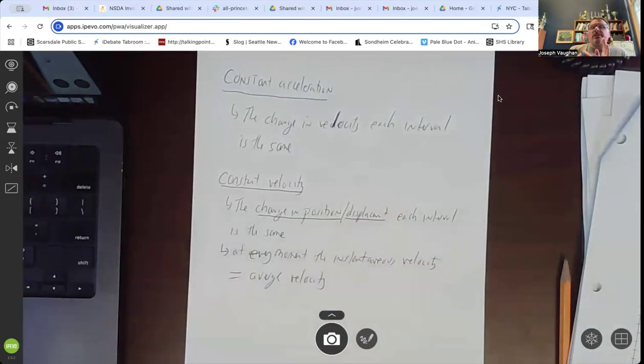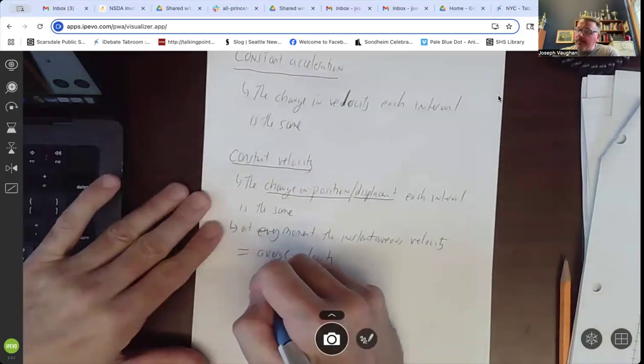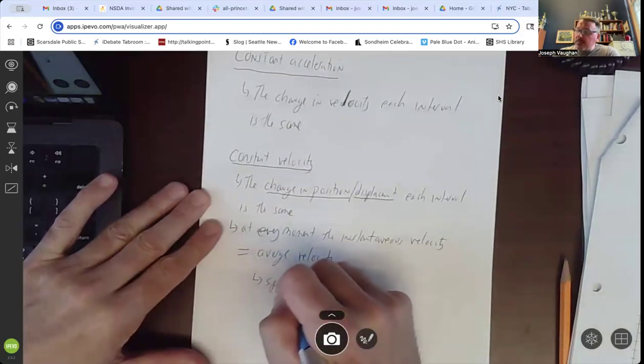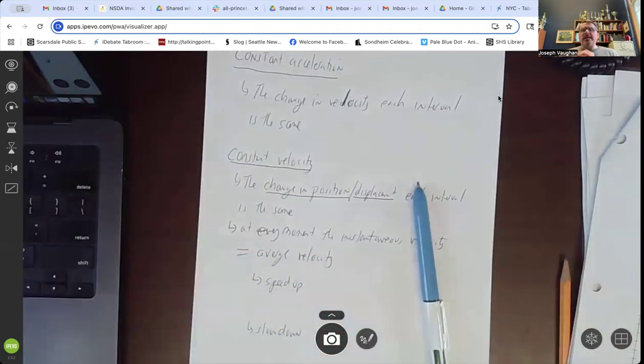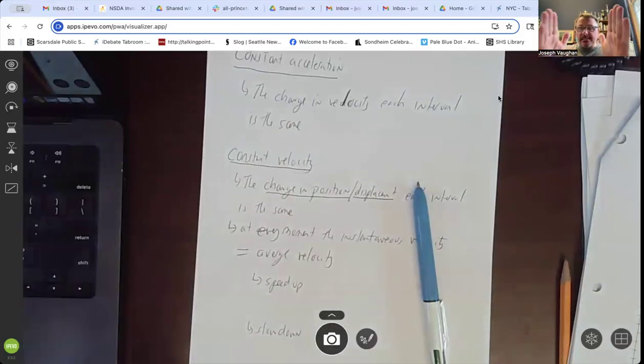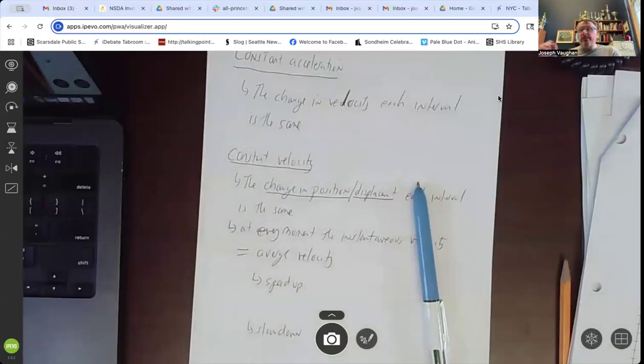So the change in position in each interval is the same. Okay, well, that's going to help us figure out some things about what it means to speed up or slow down. Because if I'm traveling at a constant velocity, I'm traveling at equal distances or displacements in equal units of time.